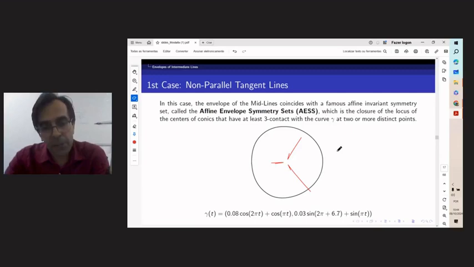For example, for this oval, the affine envelope symmetry set gives us these red curves.